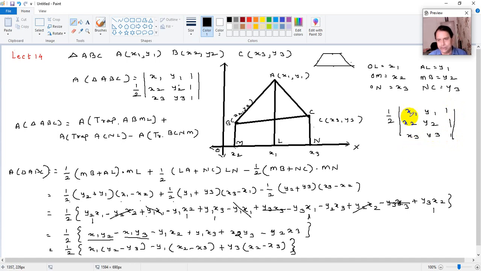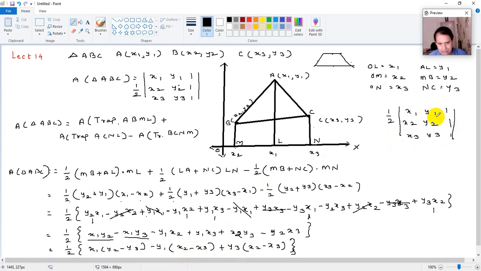So it will be x1 into, delete this row, delete this column, y2 minus y3. So this is that term. Then minus x2, you can expand like this also. Then it is y1, suppose I take, then this determinant will be x2 minus x3. So that is also there, and you can verify.